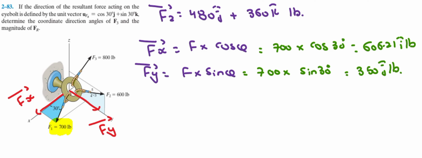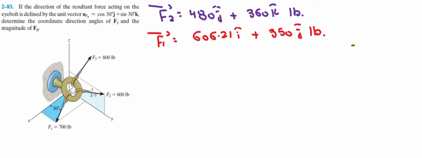Now what about the resolution of F3 vector? Let's talk about it. For the resolution of F3 vector, which has the magnitude of 800 pound, this F3 vector is lying in the space. But how do we know that this F3 vector is actually lying in the space? Because the question clearly says determine the coordinate direction angles of F3. So that's why the F3 force is lying in the space.